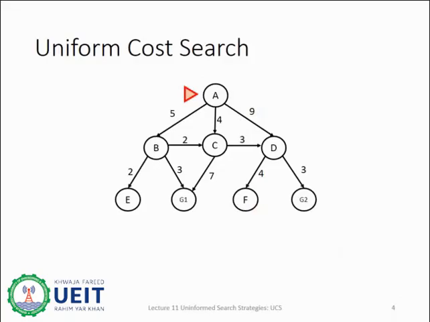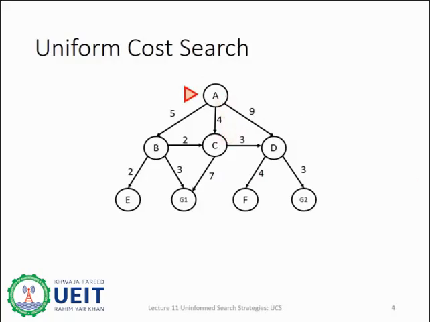You will notice that movements along arcs have numbers on them. The number on an arc is the cost of traversing the arc. For example, if you want to go from A to D, you will go with the cost of 9. Going from A to state B costs 5, and from A to state C costs 4.